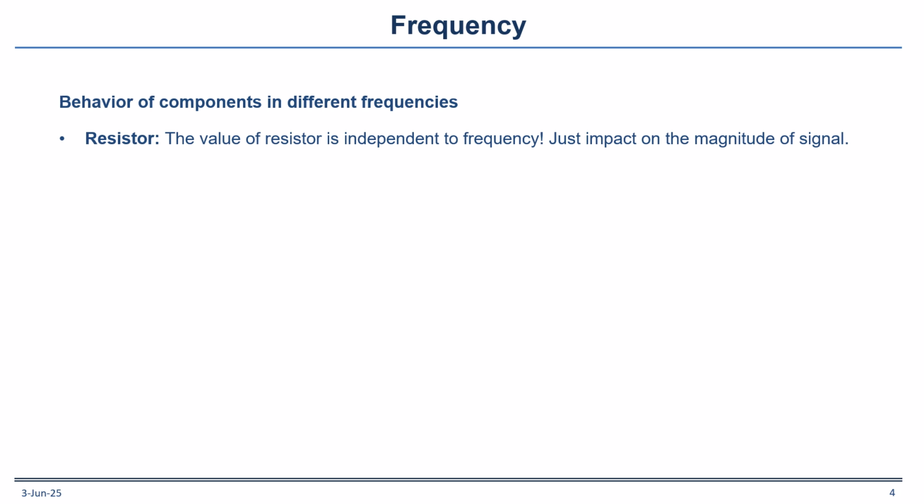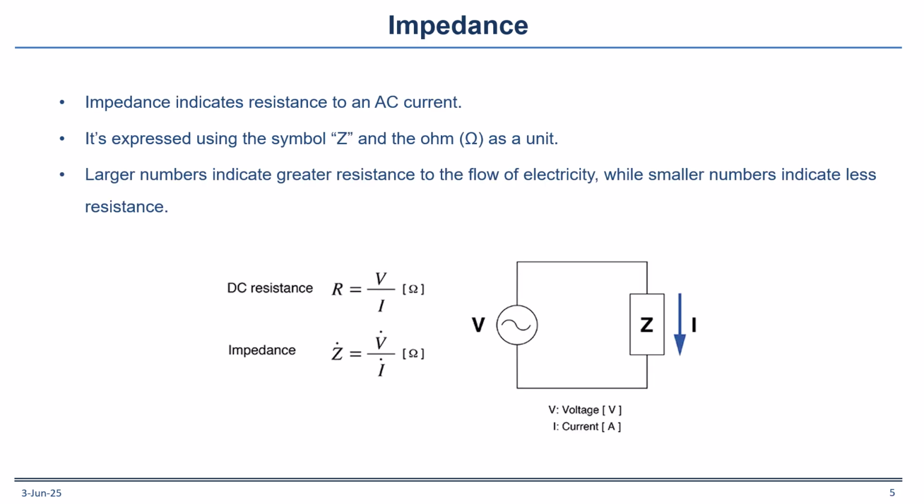So every component has different behavior at different frequencies. Resistor is independent of frequency, so if the frequency is DC, AC, changing high or low, it is more or less a constant value. But the inductors and capacitors will change with the changing of the frequency.